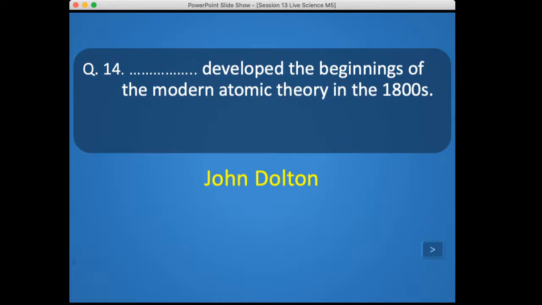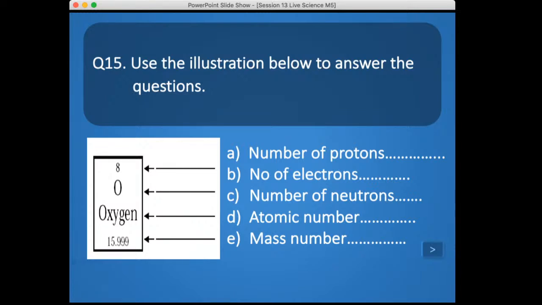And the last question, and not the least, as you can see, it has an 8 on top, the symbol which is O, the element name is oxygen, and a particular number here which is 15.999. Using these details, answer this question.